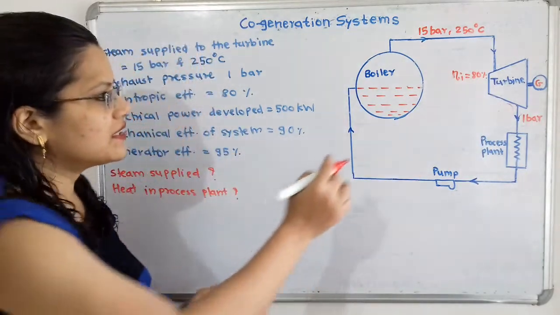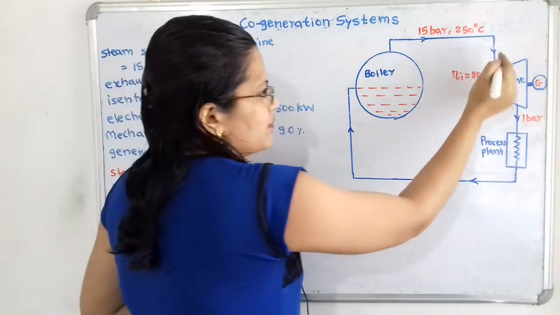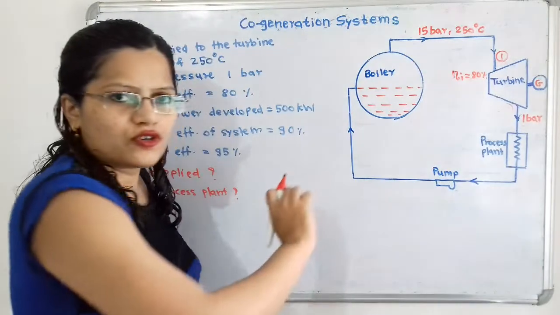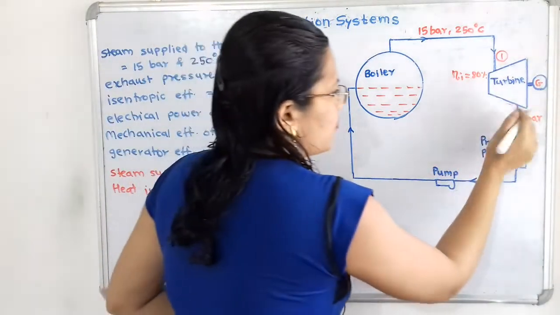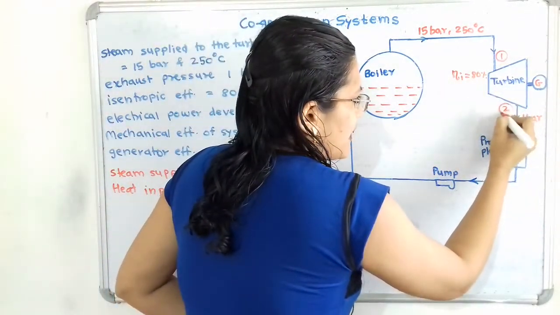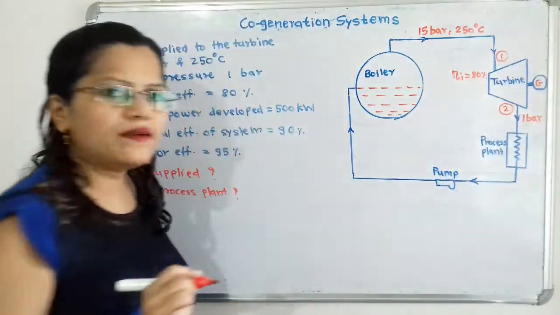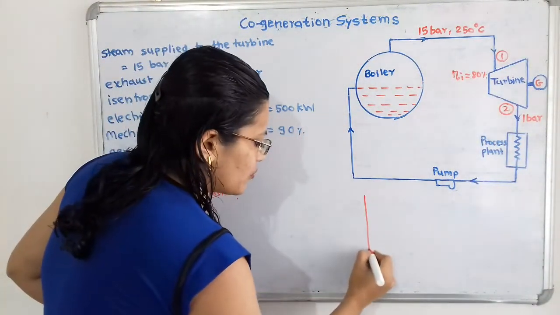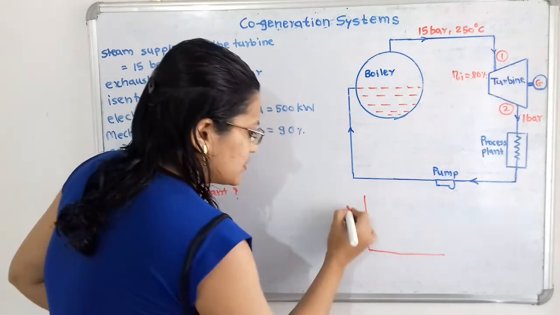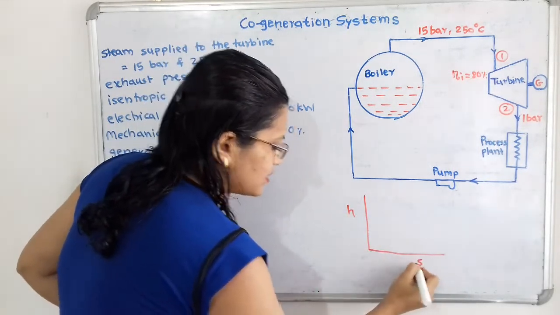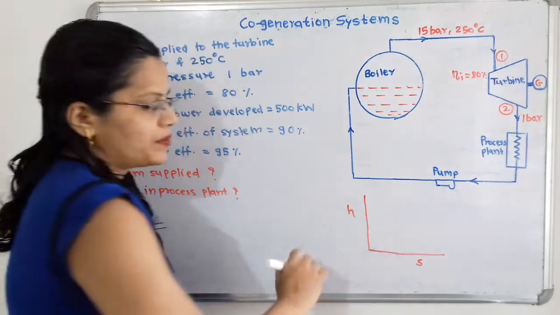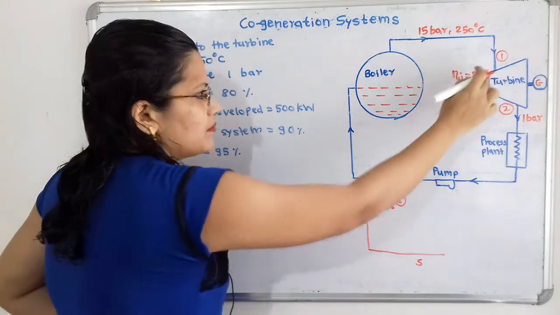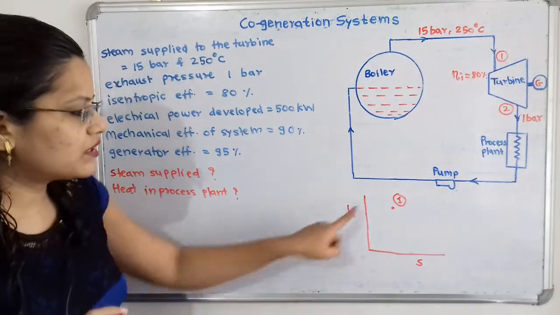At the entrance point of the turbine will be point 1, the condition of steam, and at the exit point of the turbine the condition of steam will be at point 2. Now if I show the enthalpy entropy diagram, suppose this is the H and S axes, and here is point 1, the condition of steam before entering the turbine.